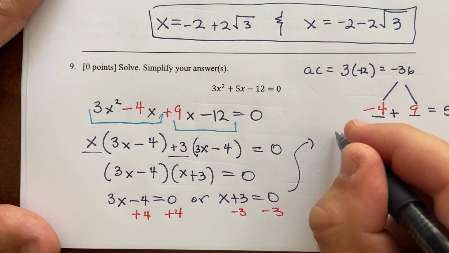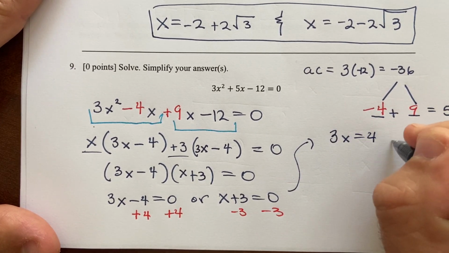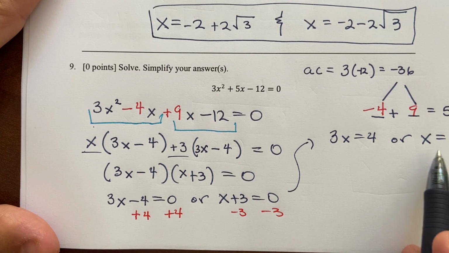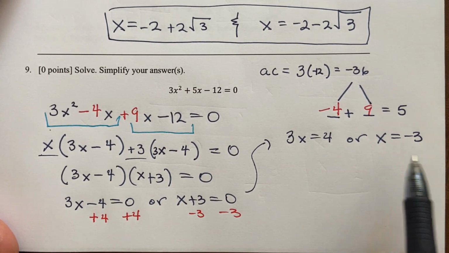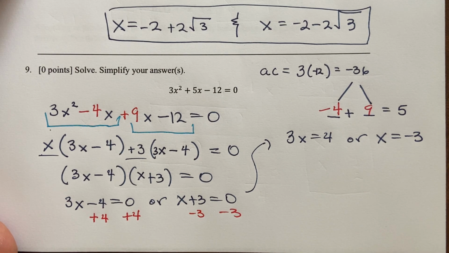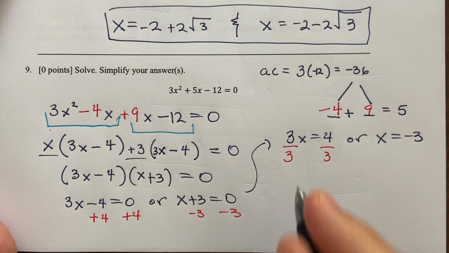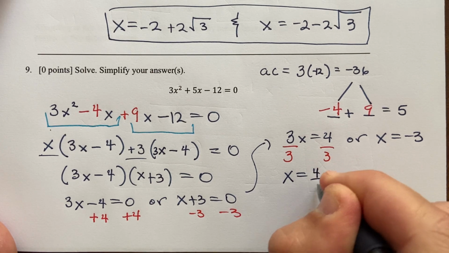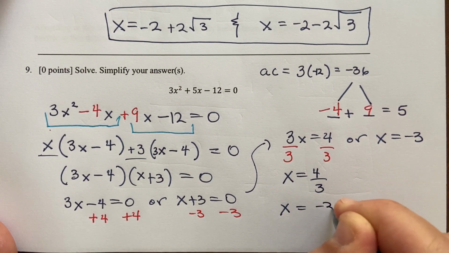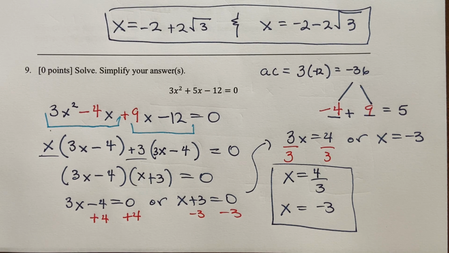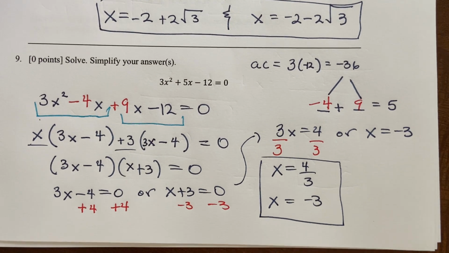So now we have 3x equals 4, or x equals negative 3, and that'll be one of our answers. And now just divide by 3 on this one. So x would equal 4/3, and also x equals negative 3. All right, next page.